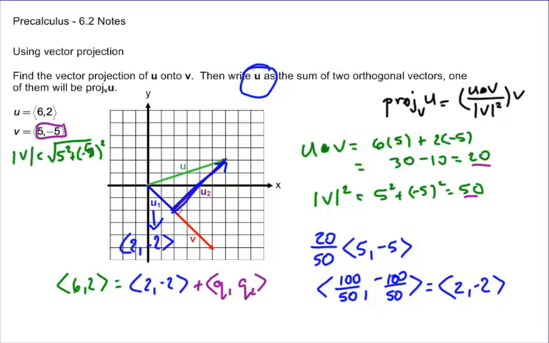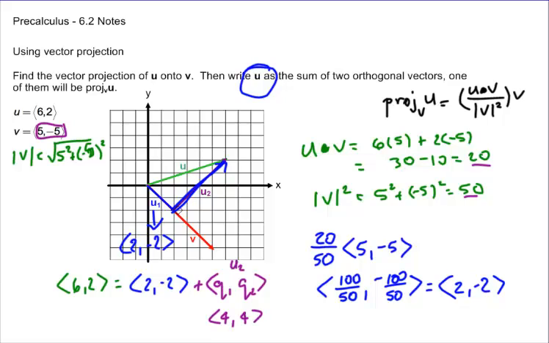So, in other words, for my U2 part, this is my U2, 2 plus what is 6? In this case, 2 plus 4 is 6. Negative 2 plus what is positive 2? And the answer to that is 4.